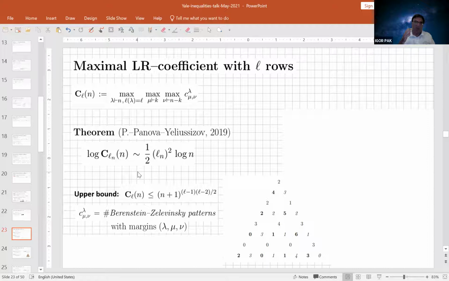The upper bound uses Berenstein-Zelevinsky patterns, which are these kinds of triangles. They're kind of funny. If you have good eyesight, you can see that 6 minus 5 is 1, which is the same as 2 minus 1, and 4 minus 3. So around each hexagon, the differences along diagonals are always the same in the prescribed order.